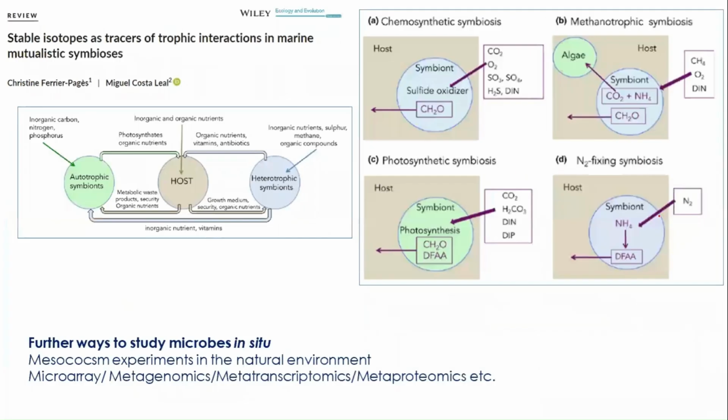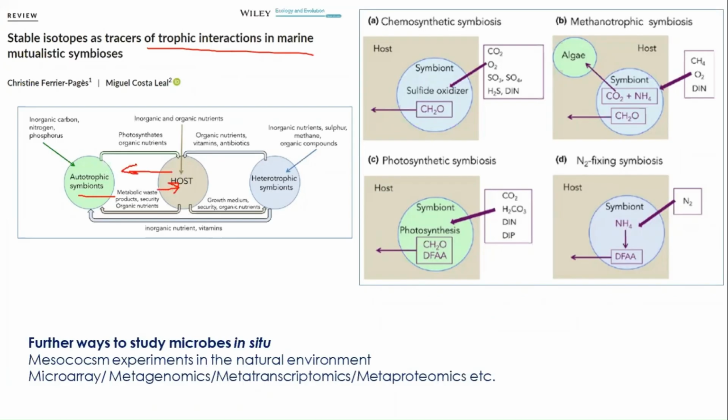Not only that, stable isotope tracers are also utilized in the marine environment to understand trophic interactions, right? Because the way different phototrophs fix the carbon, the stable isotope carbons, will vary. And if you can differentiate that, then you can know what fixed carbon is reaching the host and vice versa, right?